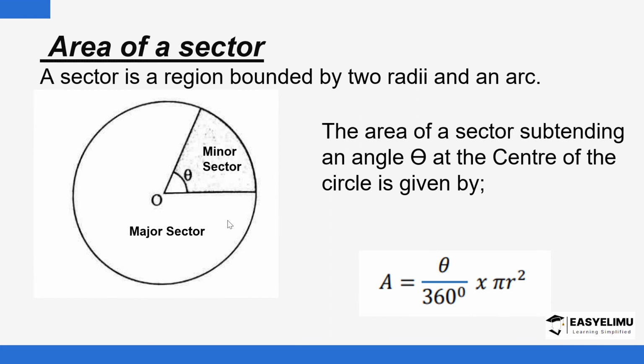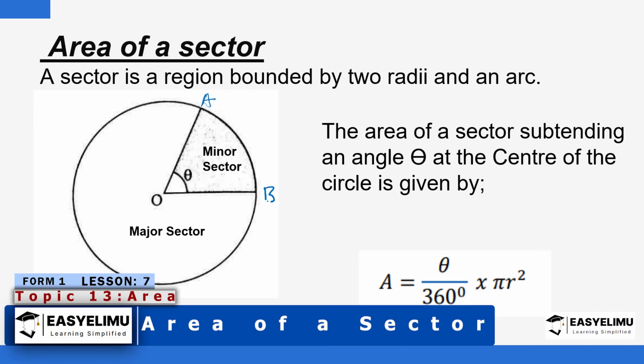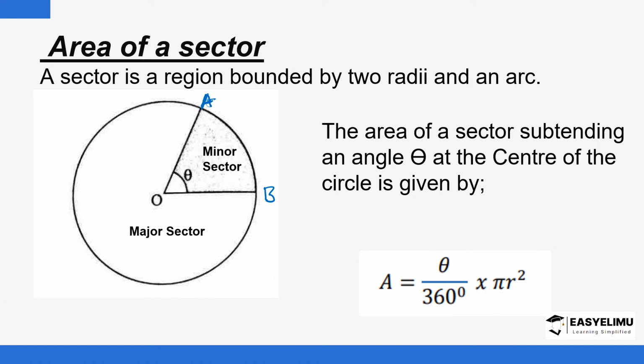So a sector is this region. Maybe if you call this A, and this B. So the region bounded by the lines OA, OB, and the curve AB, this region here is what we call a sector.